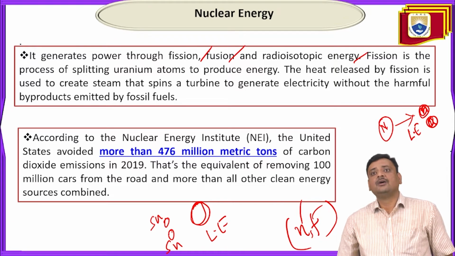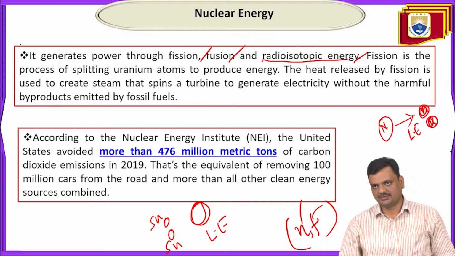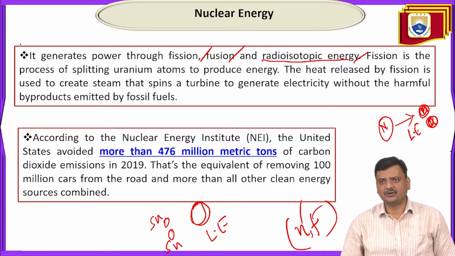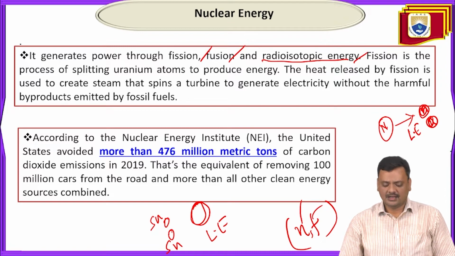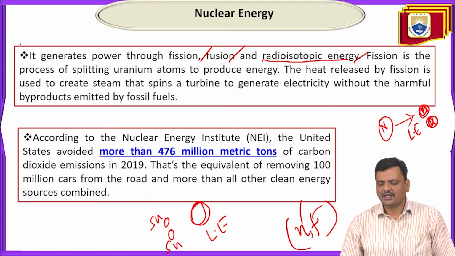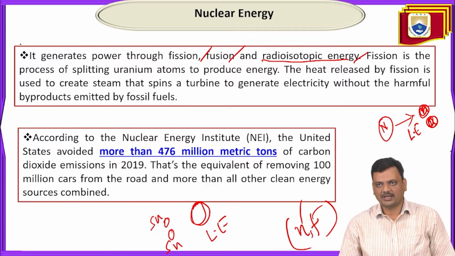This type of nuclear reaction is called a fusion reaction. The next thing is radioisotopic energy, meaning there are several radioisotopes. I am not going to tell what an isotope is. If we find an isotope of a radioactive material, these isotopes can also have the capacity to generate energy, and that energy also comes under nuclear energy.